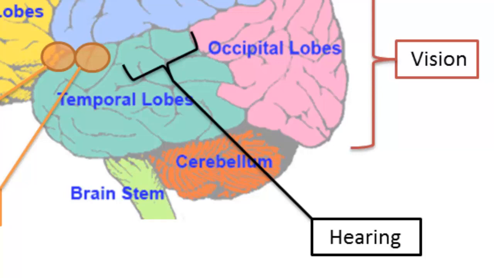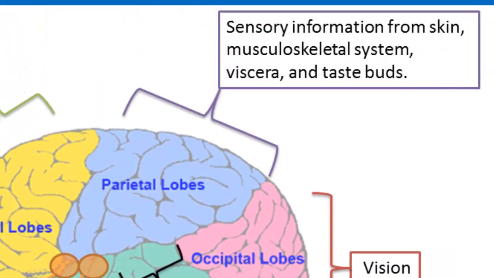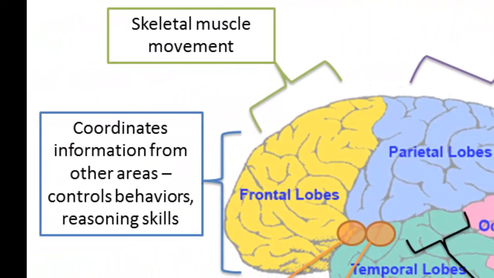You can see that there are other association areas in the parietal lobe for other sensations. There are association areas within the motor cortex that's in the frontal lobe. And that association area to motor allows us to coordinate movements. A good example of this is a gymnast. A gymnast has to have quick responses.